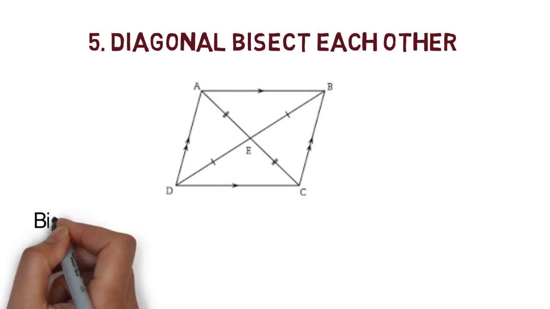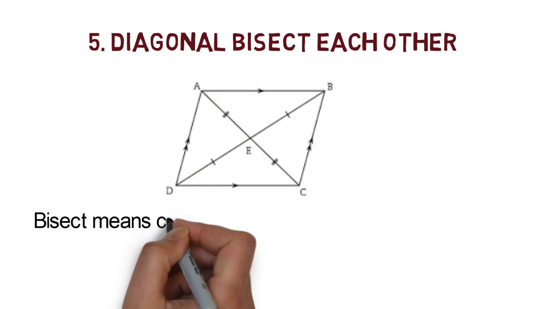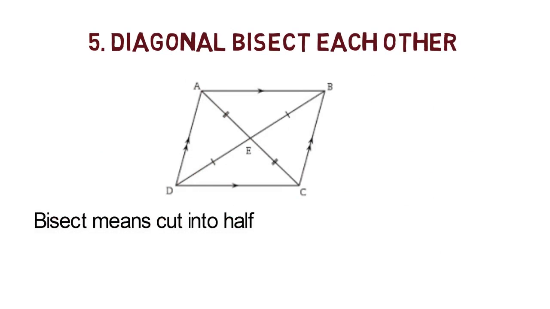5. Diagonals bisect each other. The word bisect means what? To cut into half. Do you understand that? To cut into half. So, can you see the 2 lines drawn to divide the parallelogram? Okay. Can you see that?